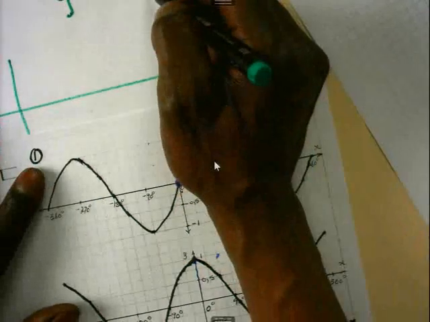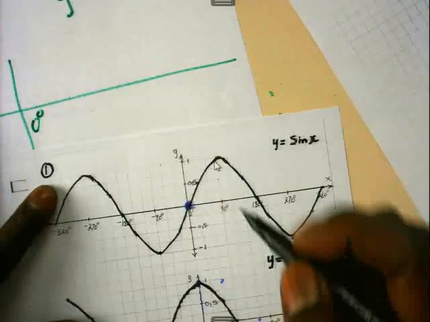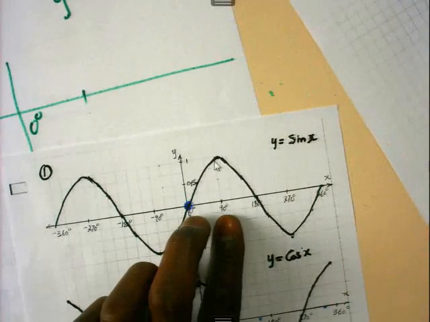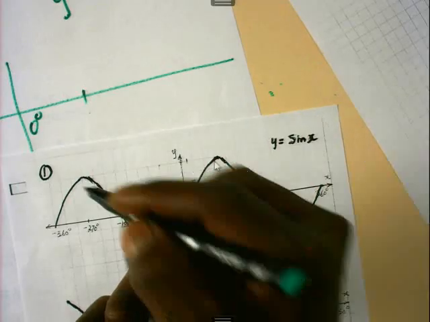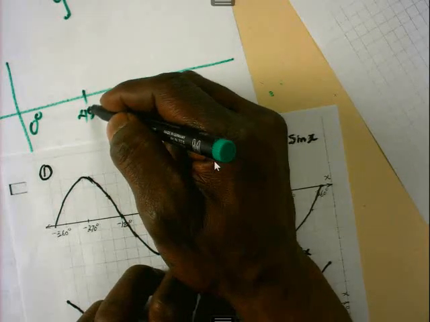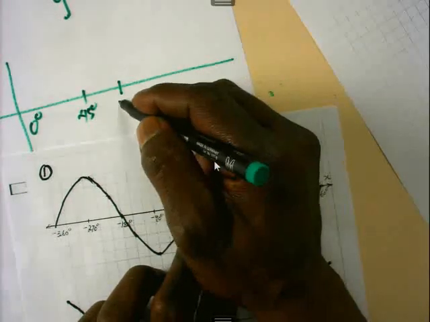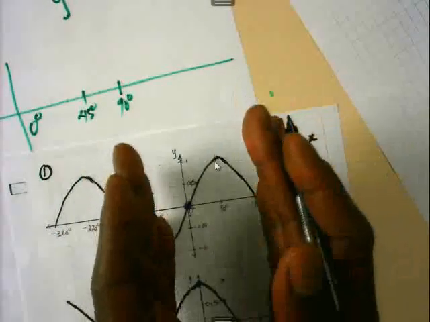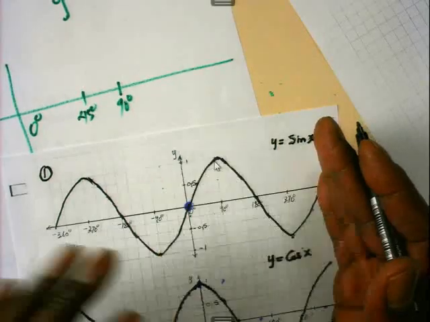In this case, we'll have 0 degrees there, but the next multiple that will give us that must be 45 degrees. The next one must be 90 degrees. So this is changing the scale of the mother function.